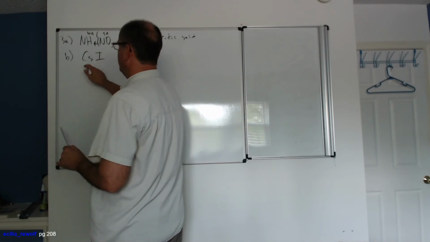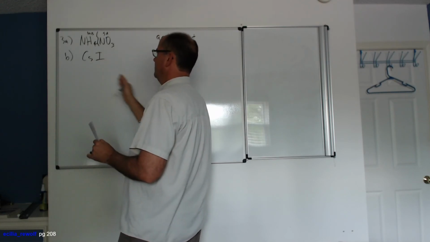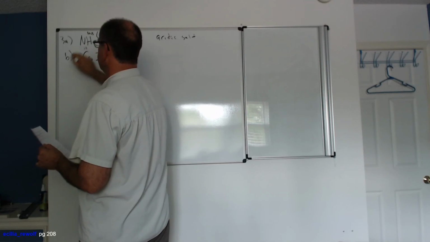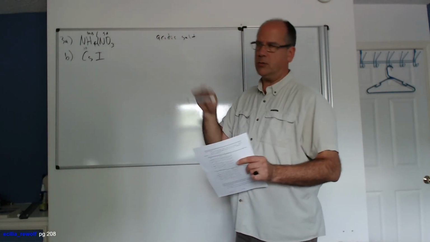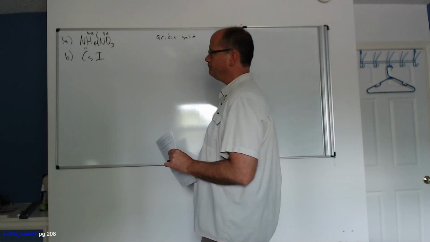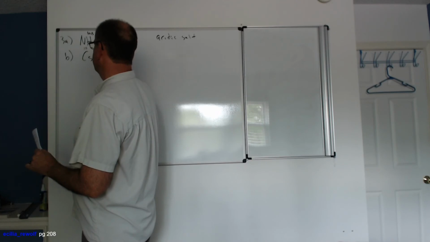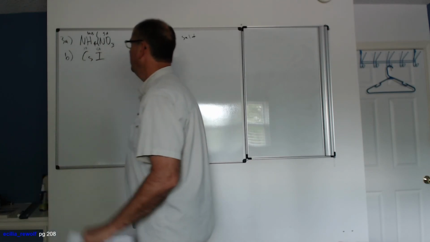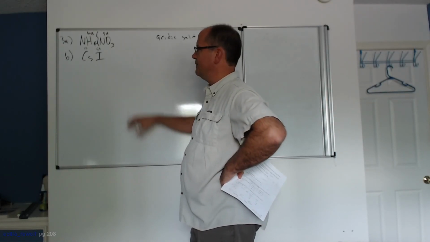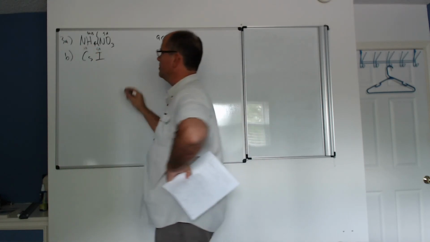Again, if we think about this coming from a base and this coming from an acid, cesium hydroxide would be a strong base because cesium is in group 1 or group 2, and iodine came from hydroiodic acid, which is one of the top 6 strongest acids that you need to memorize. So this is a strong acid. We can get real specific and write it all out, but the big picture here is strong base, strong acid. That's going to be a neutral salt.